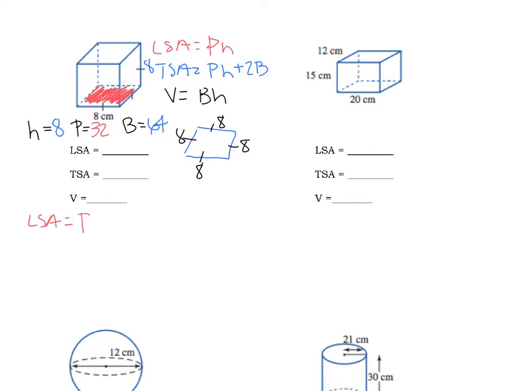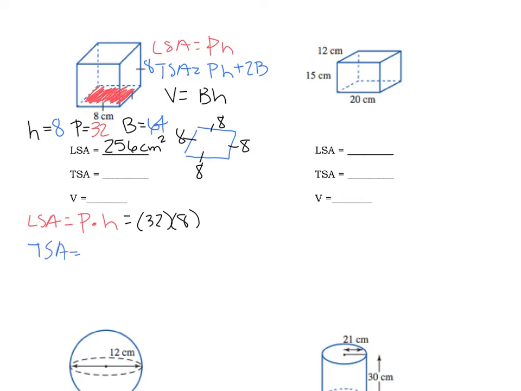It says we take the perimeter of the base and multiply it by the height, which is 32, our perimeter of the base, times 8, the height. When we do that, we get a grand total of 256 centimeters squared.